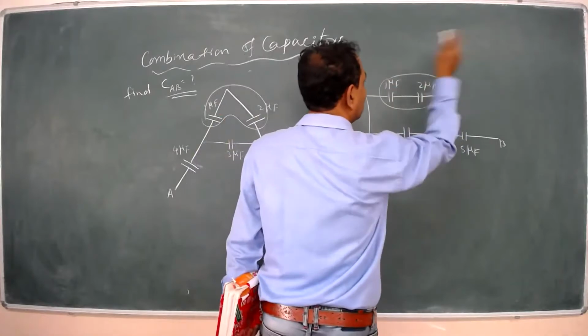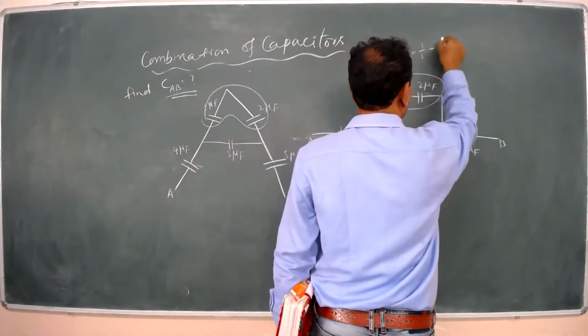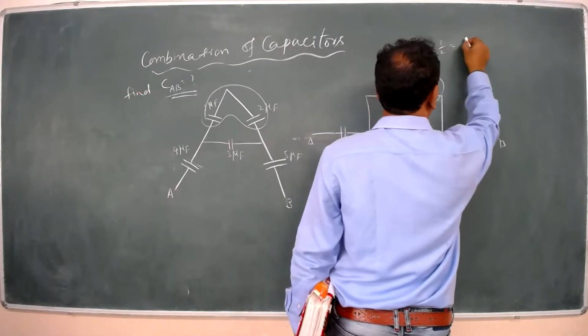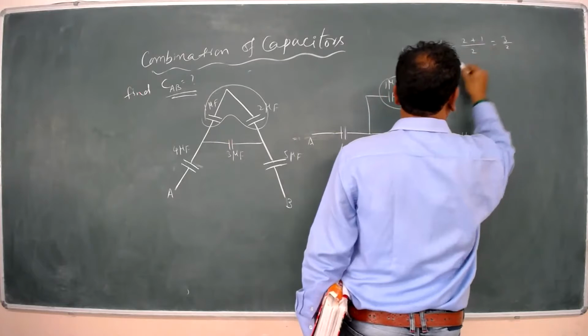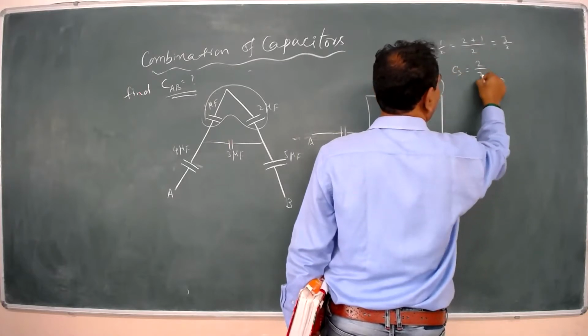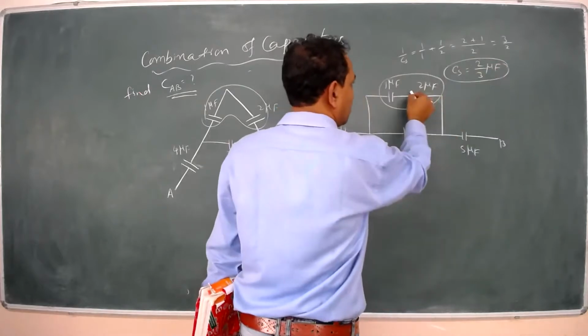So series means 1 by CS is equal to 1 by 1 microfarad plus 1 by 2 microfarad. That is 2 plus 1, which means 3 by 2, or CS is equal to 2 by 3 microfarad. So this became that.